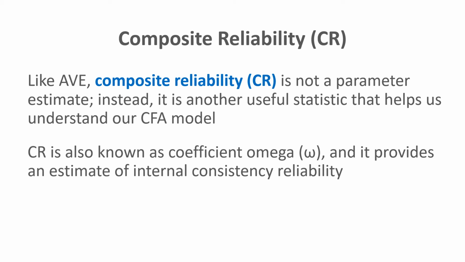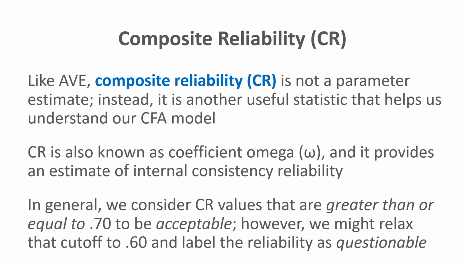You might be familiar with Cronbach's alpha, which is another indicator of internal consistency reliability, or in other words, another way that we can estimate internal consistency reliability for a multi-item measure, for example. So in general, we consider composite reliability values that are greater than or equal to 0.7 to be acceptable. However, we might relax that cutoff to 0.6 and label the reliability as questionable if it falls in that 0.6 to less than 0.70 range.